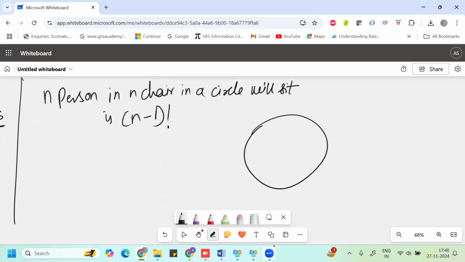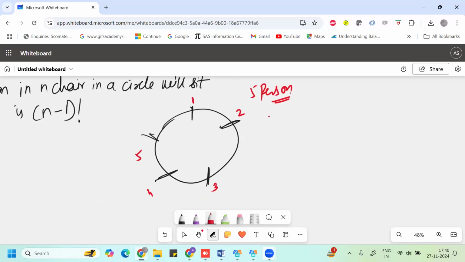Suppose there are 5 chairs, one, two, three, four, five, and 5 persons. The 5 persons can sit in the 5 chairs in a circle in 4 factorial ways, because there's no starting or end point.